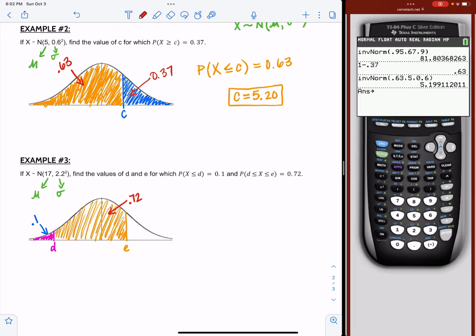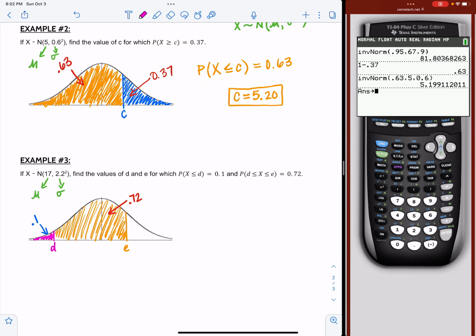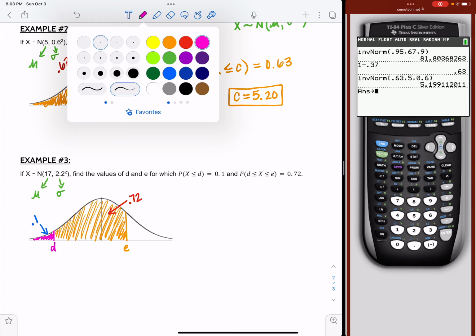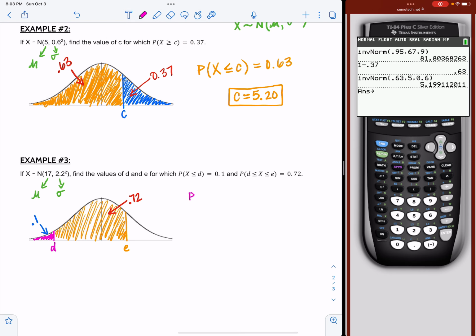All right, so in order for us to do this, if we have to find D here, we would have to say that the probability that X, excuse my pen is glitching, is less than or equal to D is equal to 0.1.